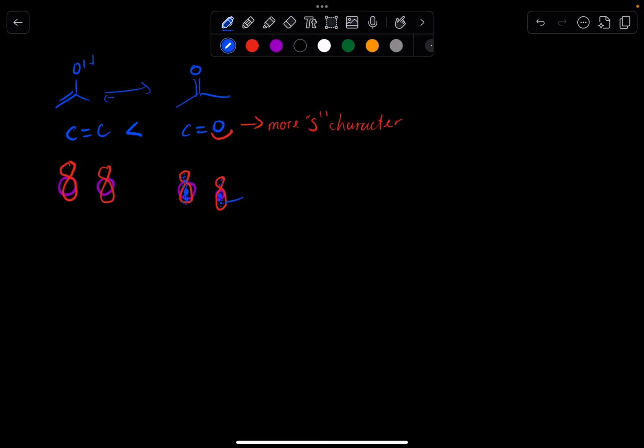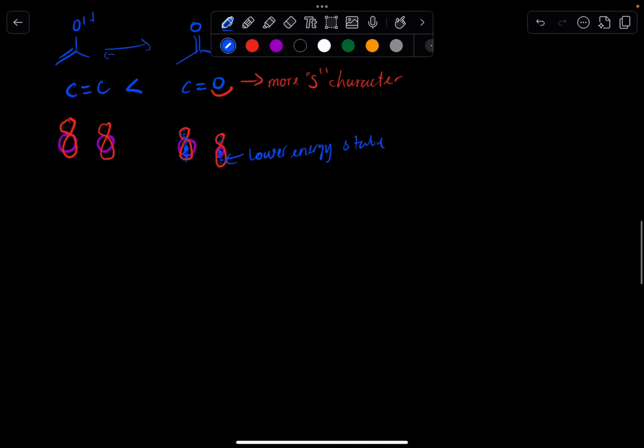So these electrons are in a lower energy state. So if I was to draw a relative energy diagram of these molecular orbitals, we have a CO, because we know an oxygen atom is in much lower energy, and we have a CC.